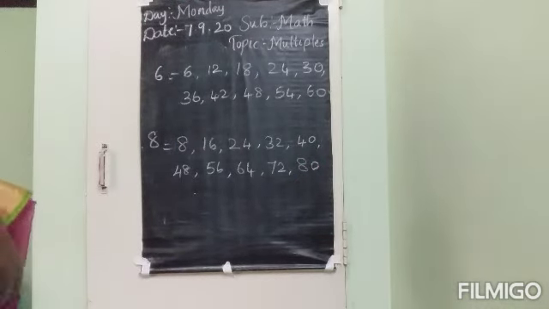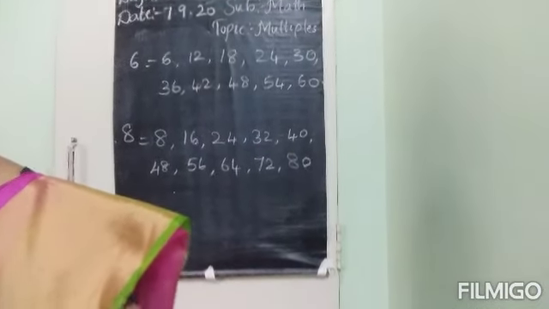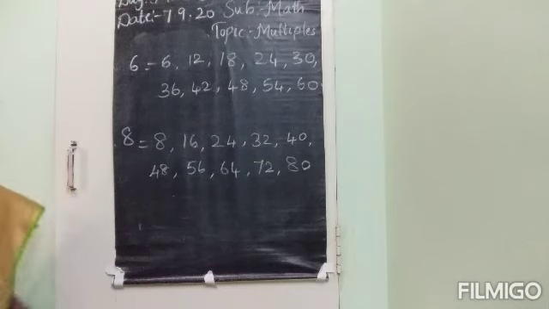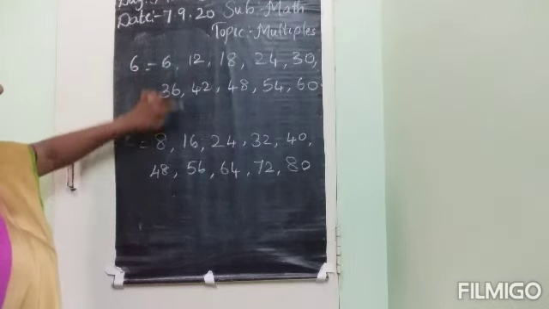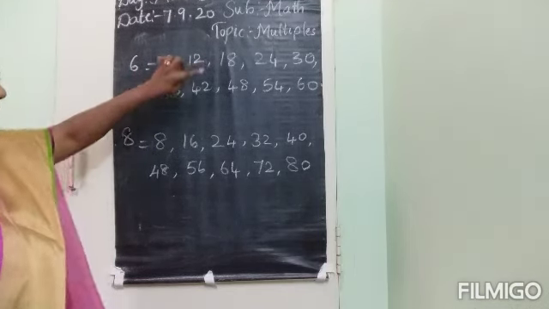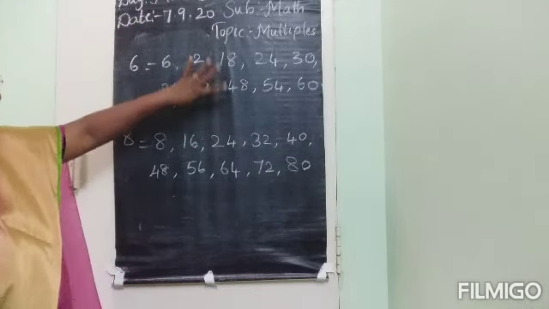Now observe, children, which numbers are common, the same, in both tables. See here, do you have 6 in both? No. Do you have 12? No. Do you have 18? No. Do you have 24 in both?